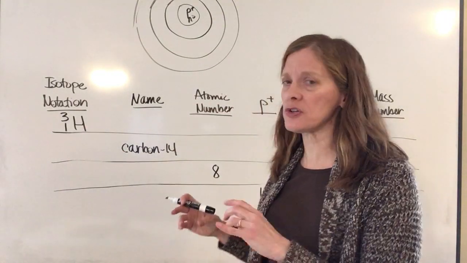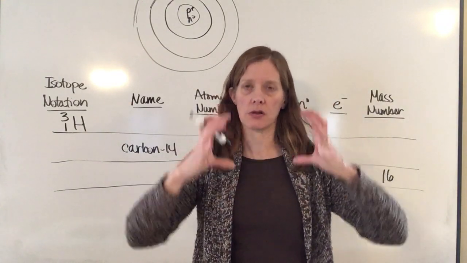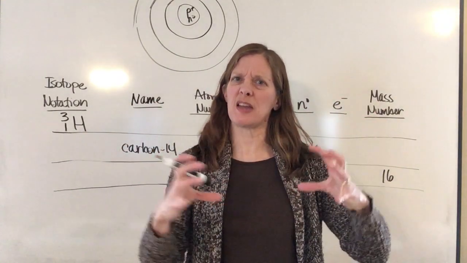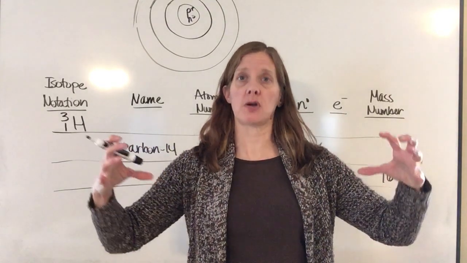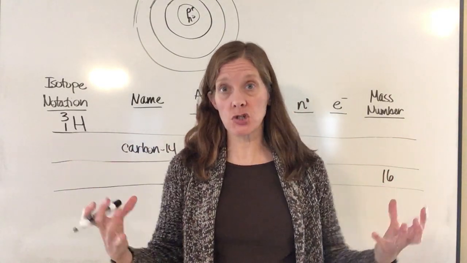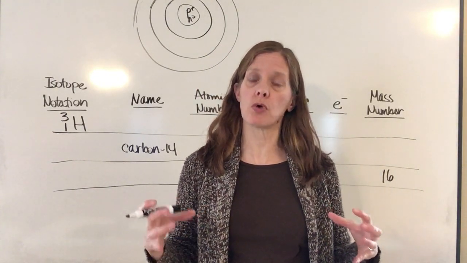Now, in order to understand their diagrams, you have to understand that each level you go out is almost like the layers of an onion. Every layer you go out is going to get bigger and bigger, so it would be logical that each layer holds more and more electrons.